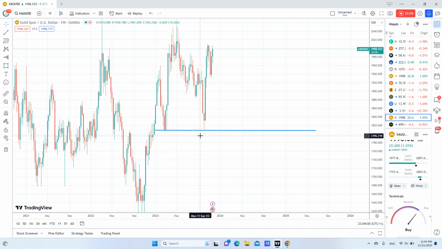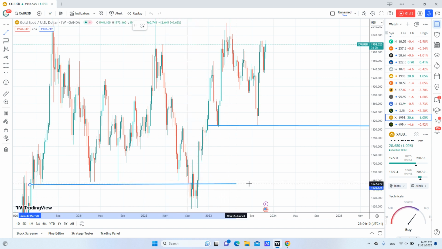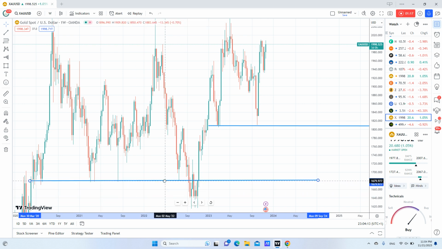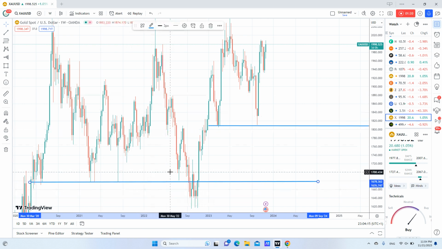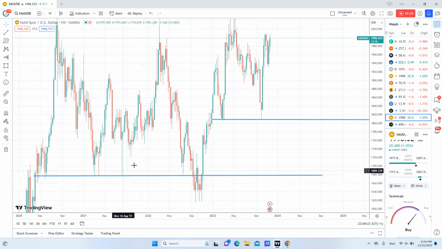Very clean tops and bottoms normally will be taken. For example, here we had these very clean bottoms, and what happened is that we went to liquidate these bottoms.